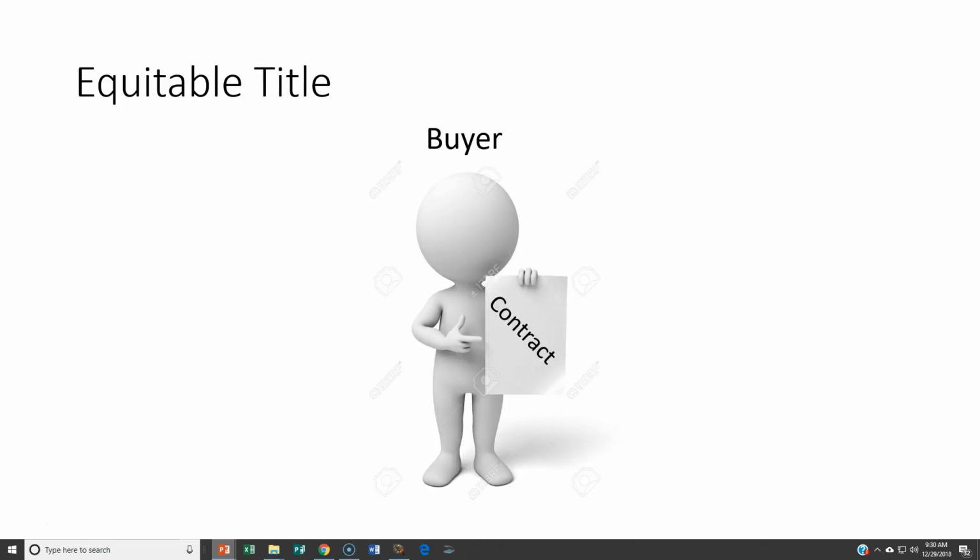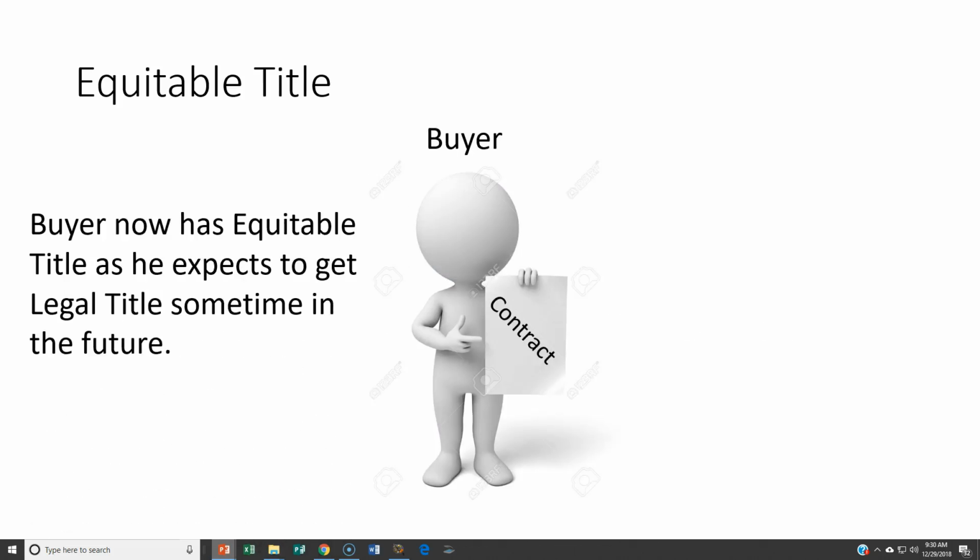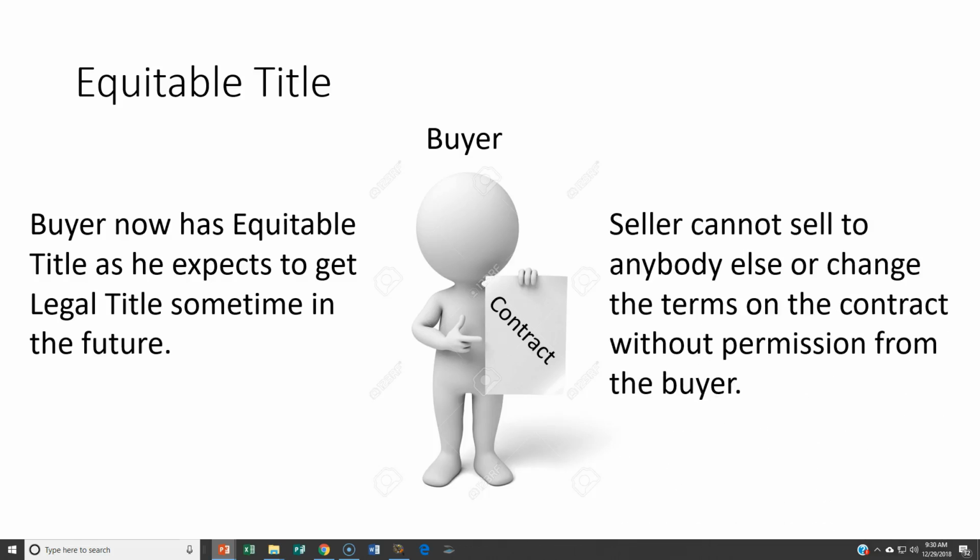So now that buyer has got a contract, and that means that buyer has got some interest in the property. Equitable title, as he expects to get legal title sometime in the future. So that means the seller cannot sell to anybody else or change the terms of the contract without permission from the buyer.